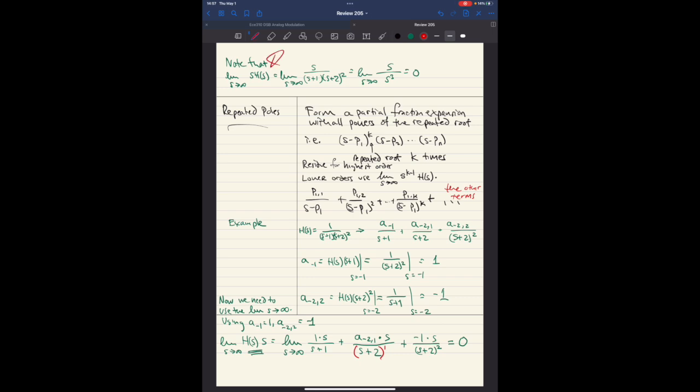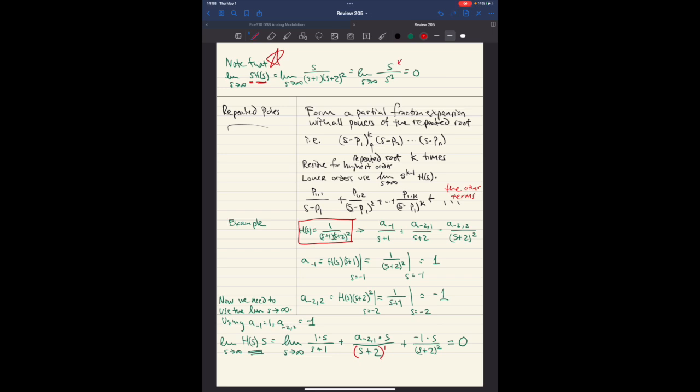So drawing your attention up here at the top for a second, if we multiply H(s) times s, what we end up with from the original expression that I gave you is s over a bunch of stuff. Well, as I take the limit as s goes to infinity, I have a third order polynomial in the denominator and a first order polynomial in the numerator.